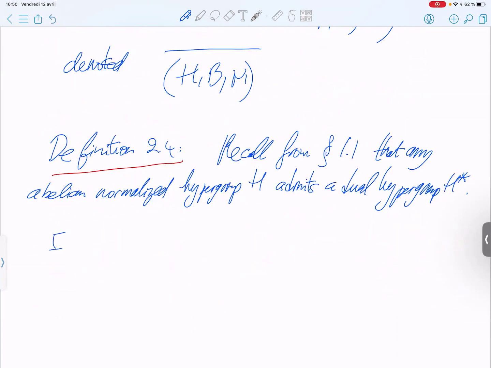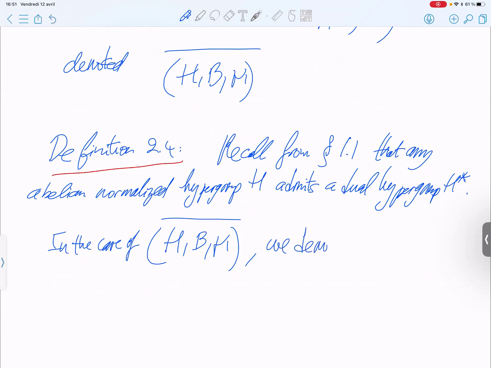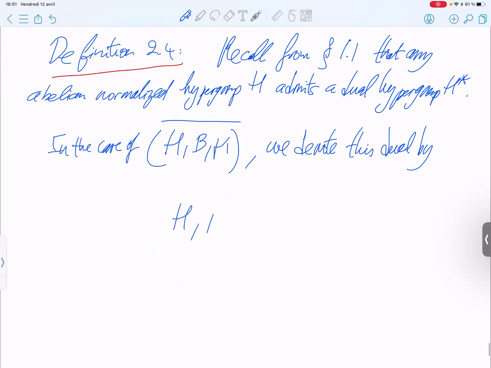So in the case of the normalizable hypergroup HB mu1, we denote this dual by HB mu1 hat.